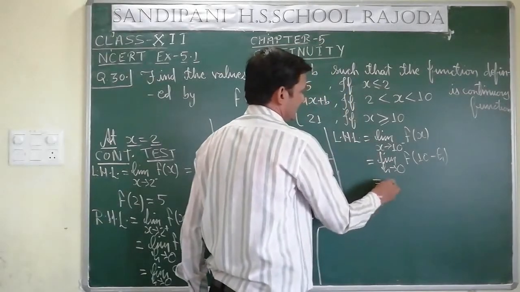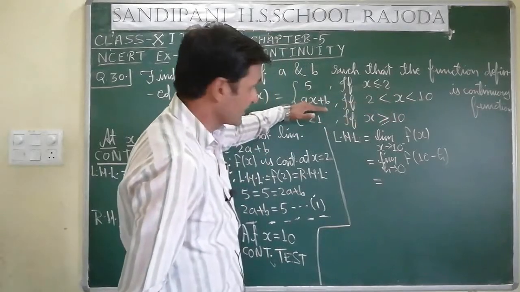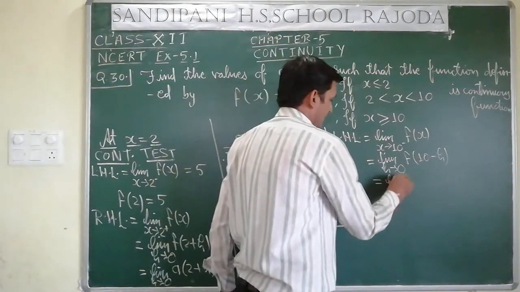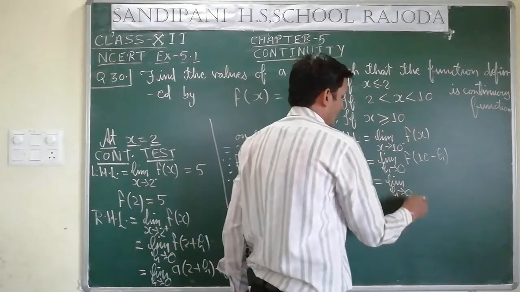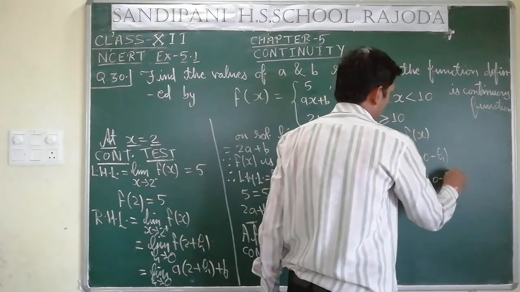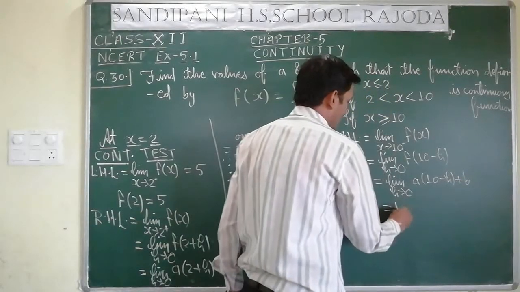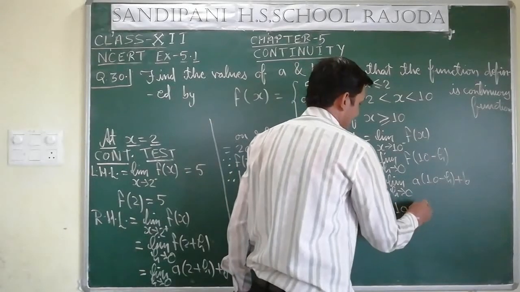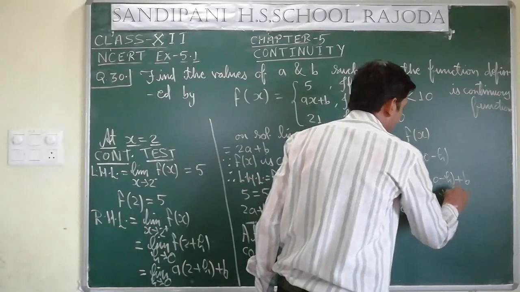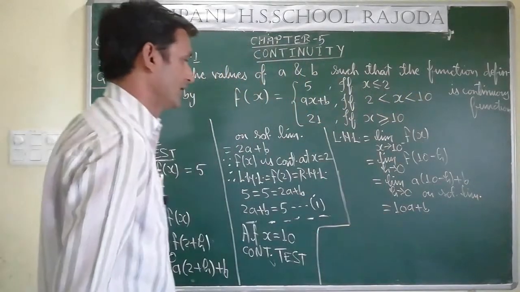Means what we have to do, for less than 10 the function is this only, ax plus b. So limit h tends to 0 a into 10 minus h plus b, that is equal to 10a plus b on solving the limit. So it is 10a plus b.